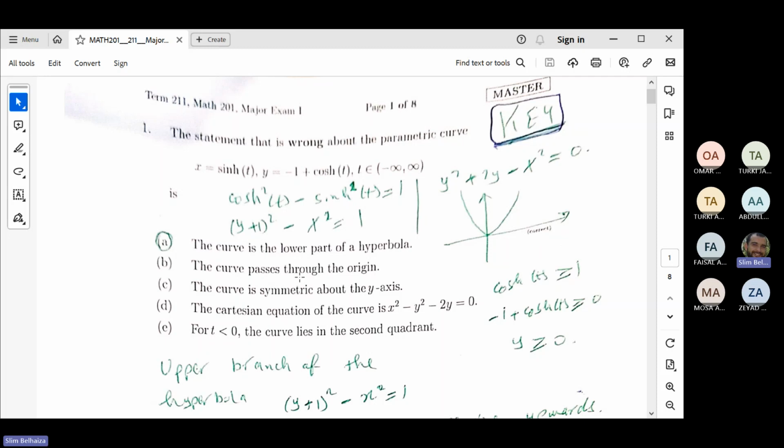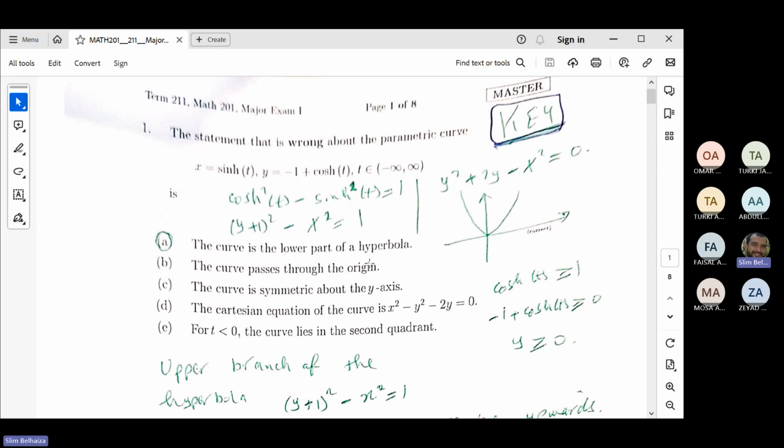All the other possibilities are correct. It passes through the origin when we plug in 0, 0: we have 1 squared equals 1.